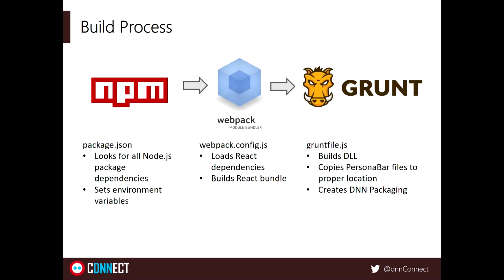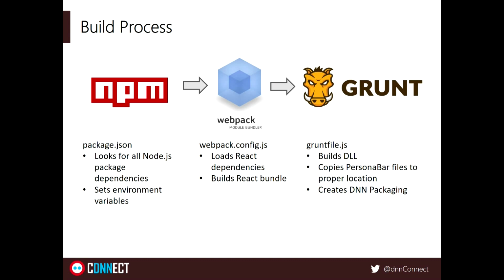And then I pass it to Grunt. Now, Grunt is just a common JavaScript task runner. And what I mean by that is it's like MS Build, what we've used MS Build for. You can copy files, you can zip files, you can build your DLL, and that's exactly what I'm doing here. I built this grunt.js, and you can just pick that up off my GitHub, off this project here.